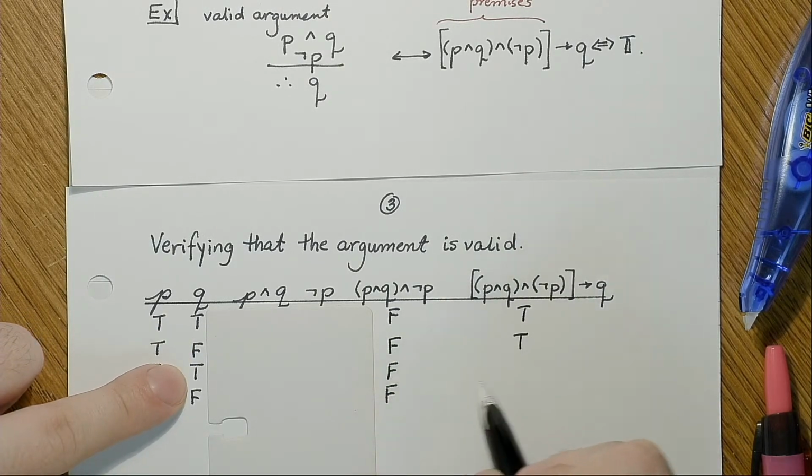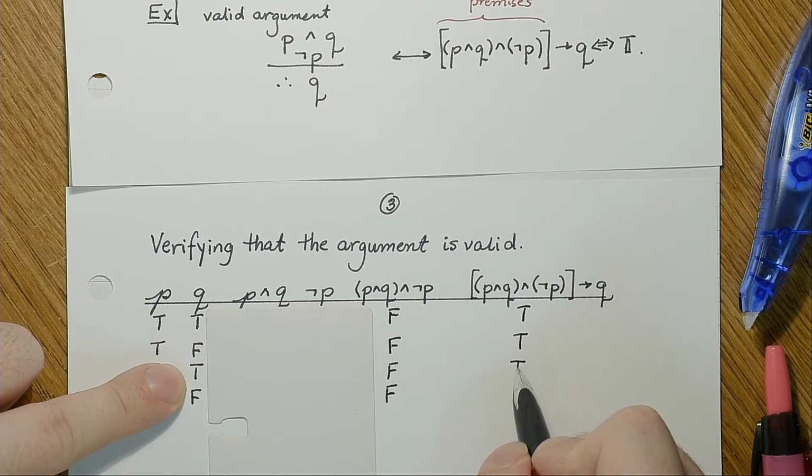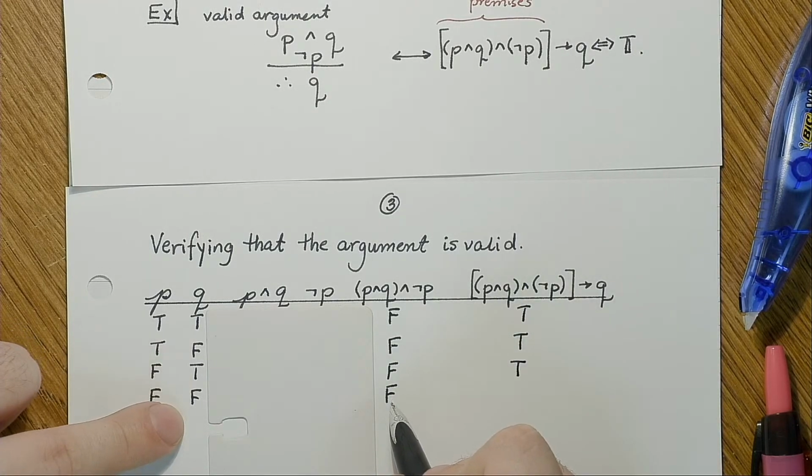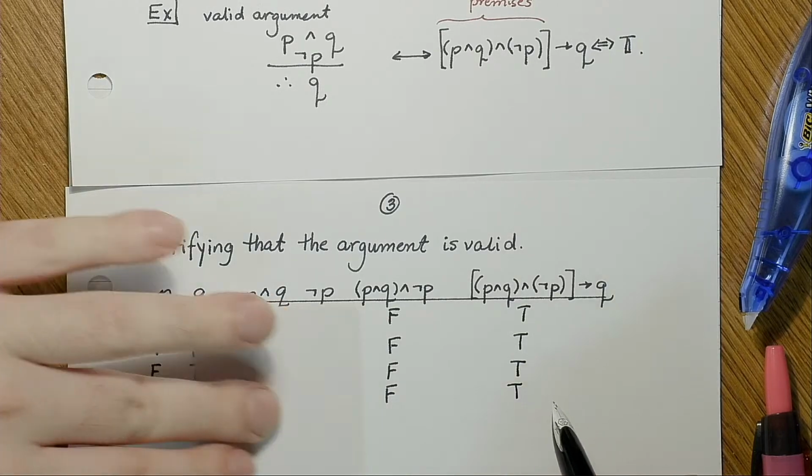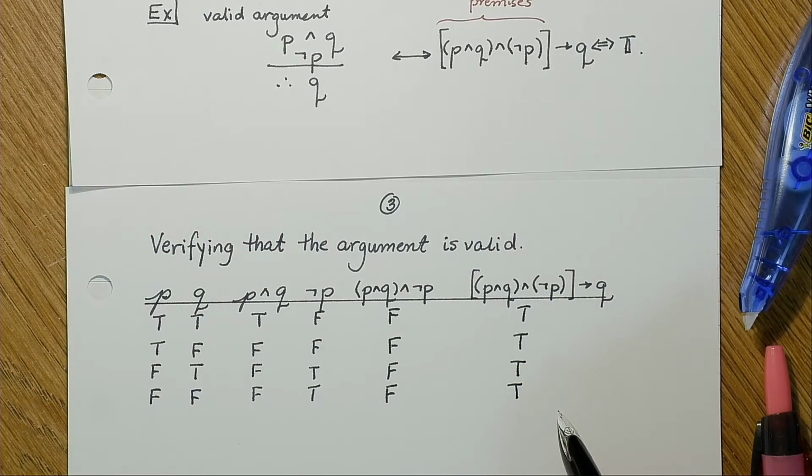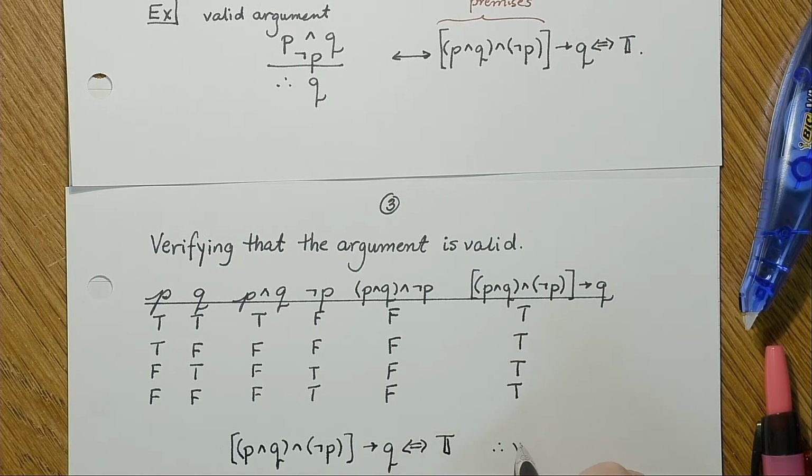False implies true is true. And false implies false is true. So what we have shown is that the tautology, therefore it is a valid argument.